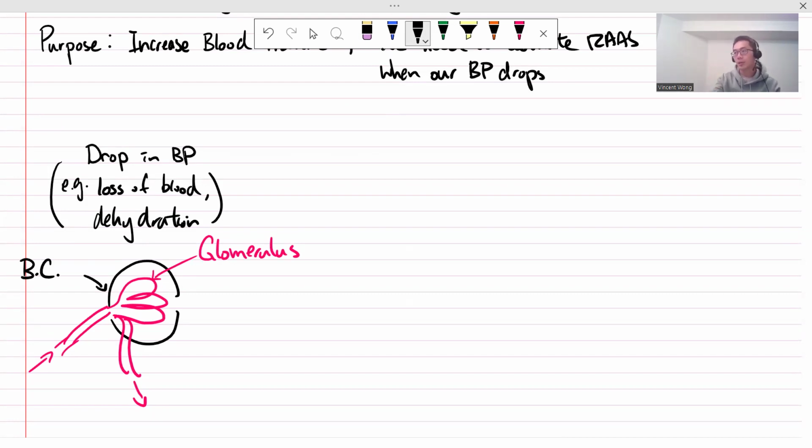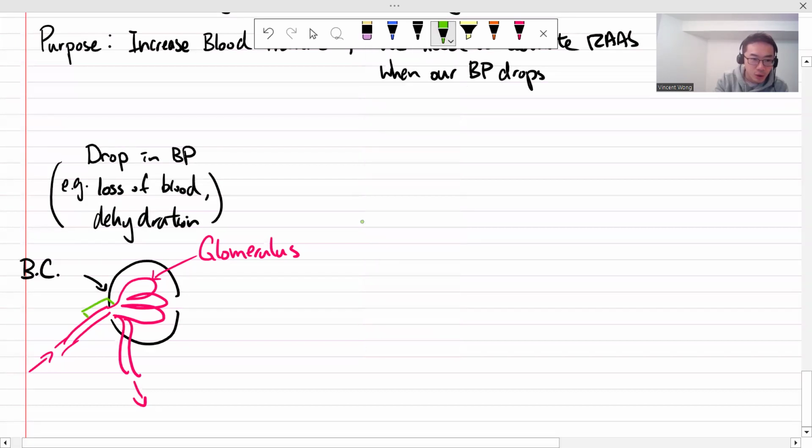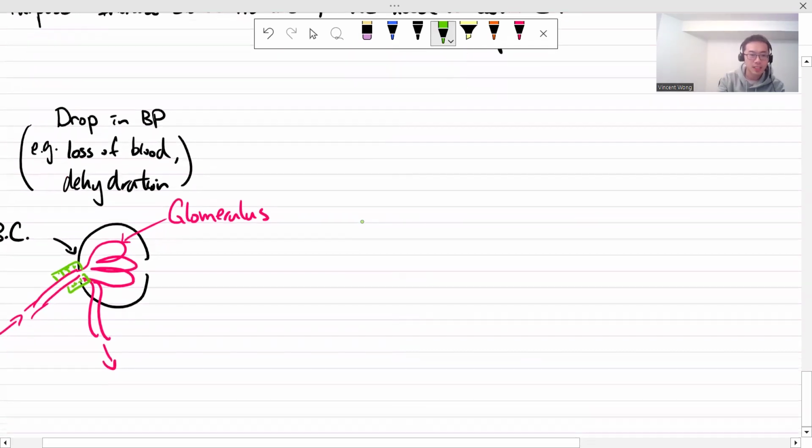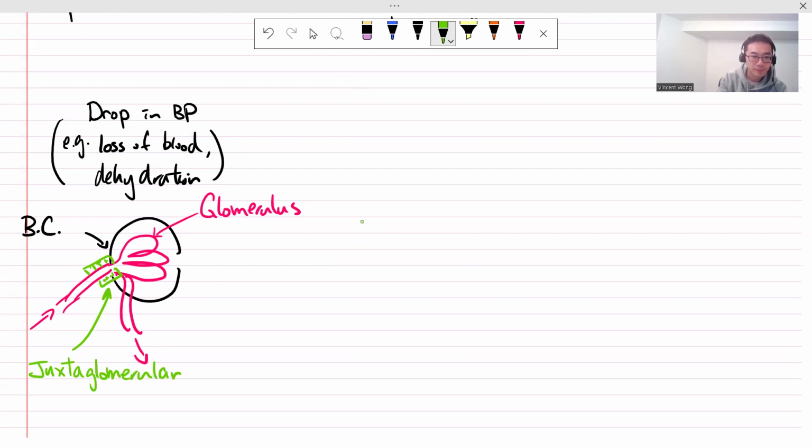Now, what I did not tell you is that located next to the glomerulus, there is a group of special cells. It's called the juxtaglomerular apparatus.